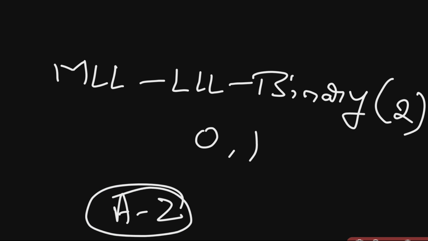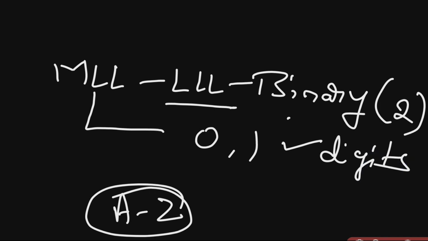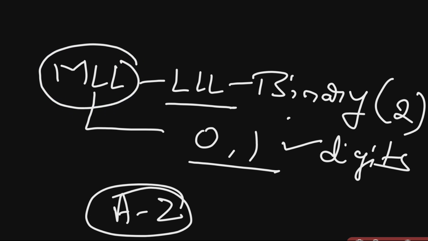Like Kannada, Hindi, there are so many alphabets. In the same way, in machine level language or low level language or binary language, we have only 2 digits, or you can say 2 alphabets, that is 0 and 1. Whatever we write in machine level language, we have to write it in zeros and ones.